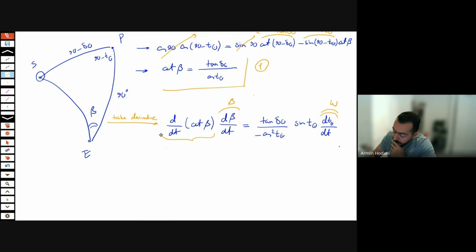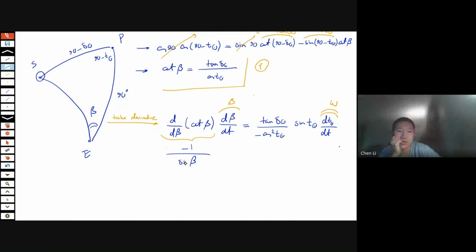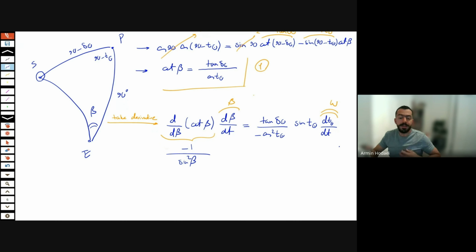So this is d/dt of cotan beta, we said, is negative 1 over sine square beta, right? No, not cosine. Sine square. Yeah, sine square beta. There you go.